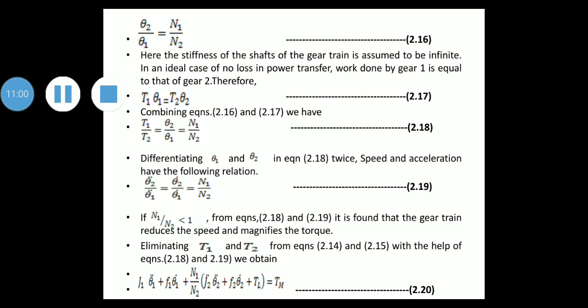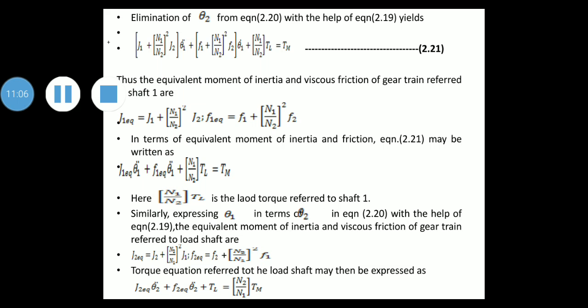This is taken as equation 2.20. Then elimination of theta 2 from equation 2.20 with the help of equation 2.19 yields J1 plus N1 by N2 whole square J2 theta 1 double dot plus F1 plus N1 by N2 whole square F2 theta 1 dot plus N1 by N2 TL is equal to Tm. This is taken as equation 2.21.